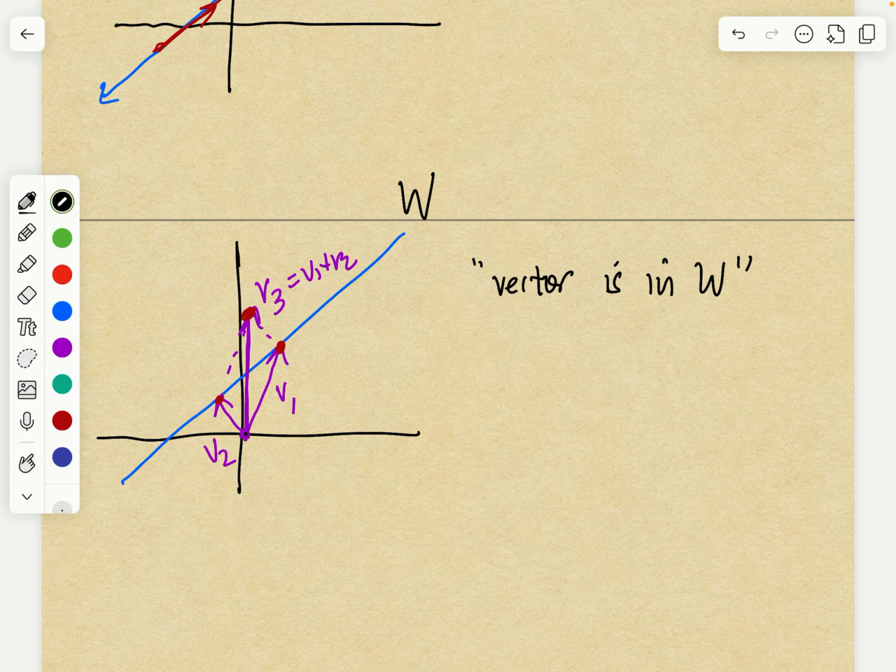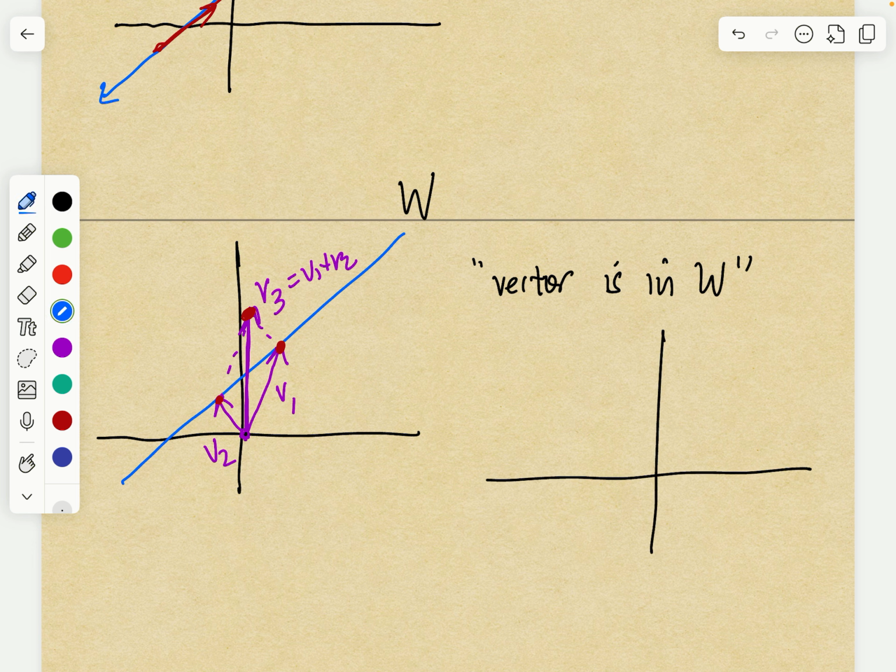So we see that this is the correct picture, and in fact, when you have this particular v1 and v2, the sum is not in W. And it's the same thing with scalar multiplication.